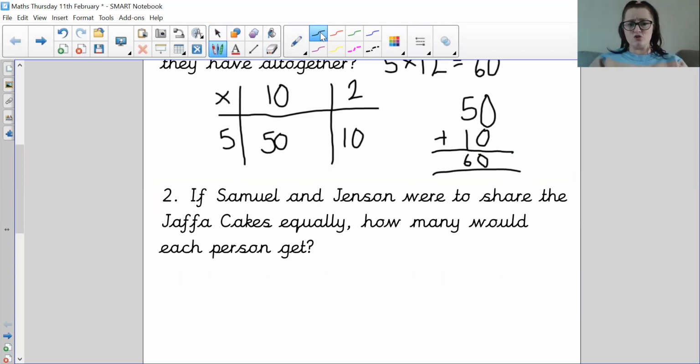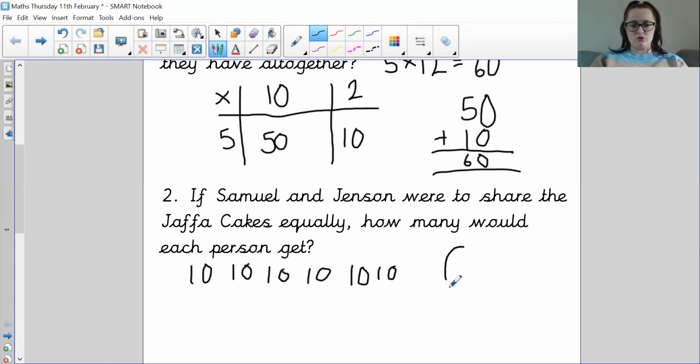It'll be a bit of a bigger chunk. So if I write my tens to 60, so 10, 20, 30, 40, 50, 60, there we go. Sorry for the little bit of a mess, Year 3.